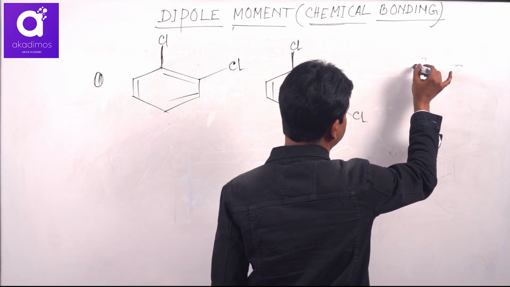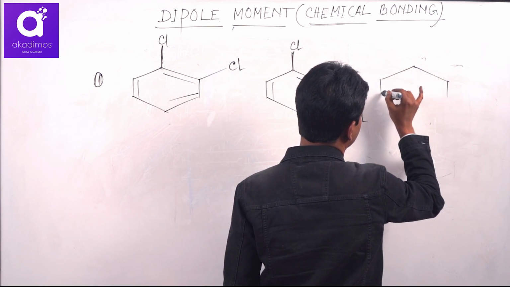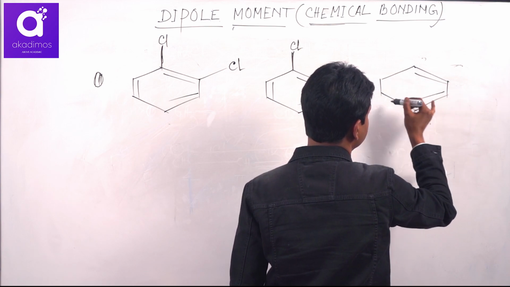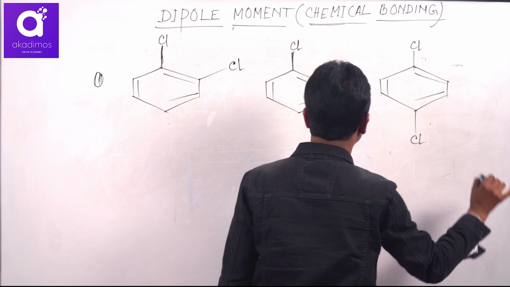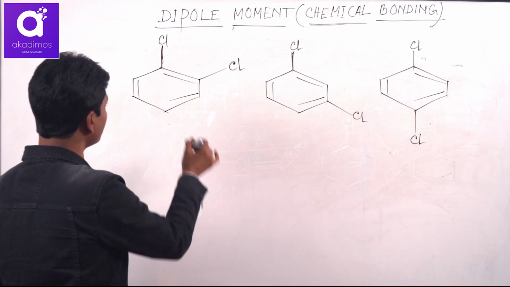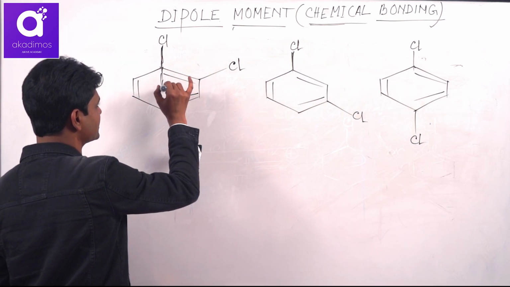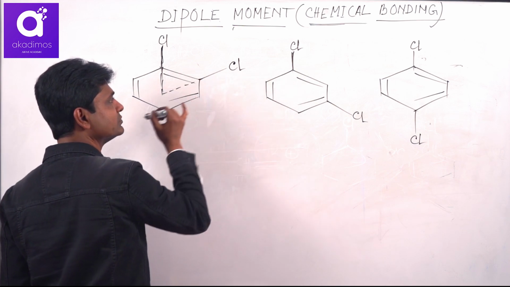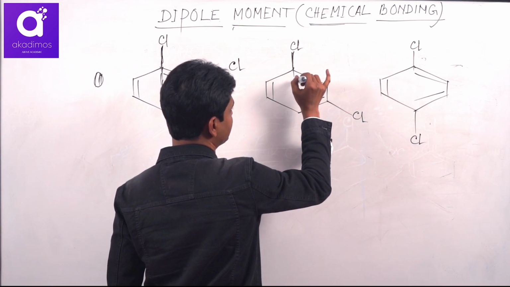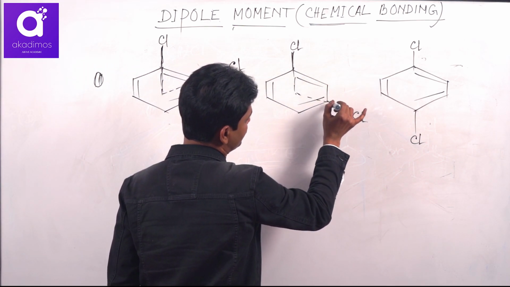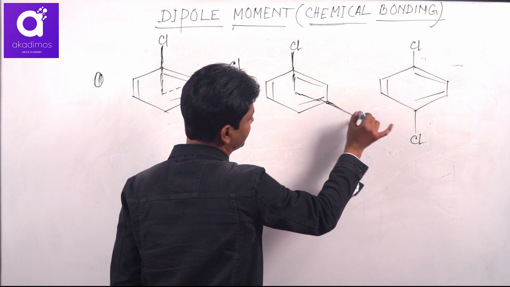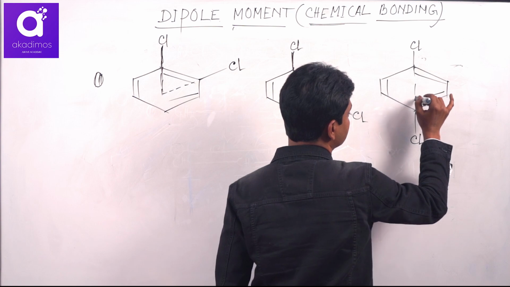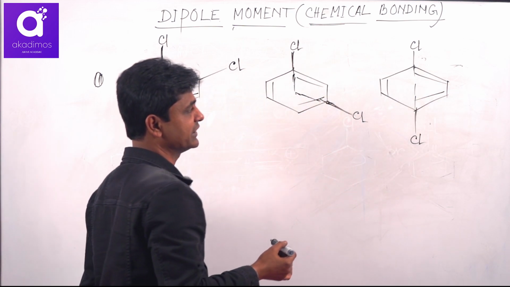And the last one I am taking is para-dichlorobenzene. You know, this angle is 60 degree, this angle is 120 degree, this angle is 120 degree, and this angle is 180 degree.